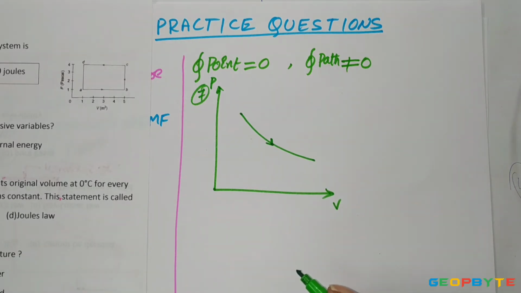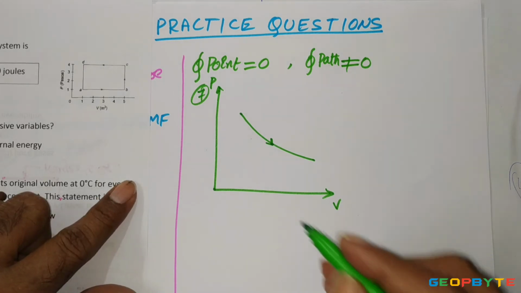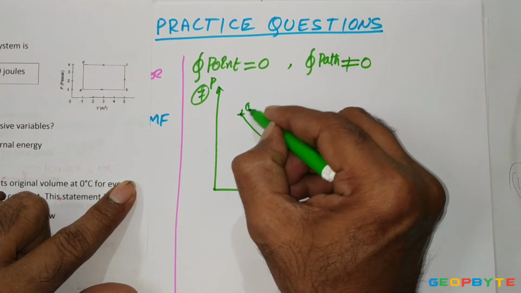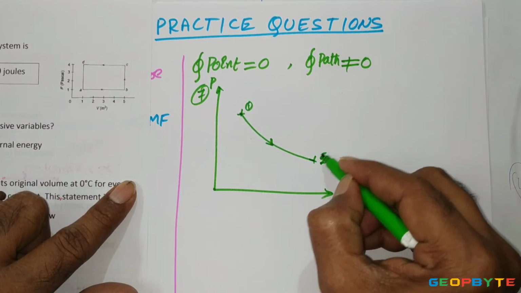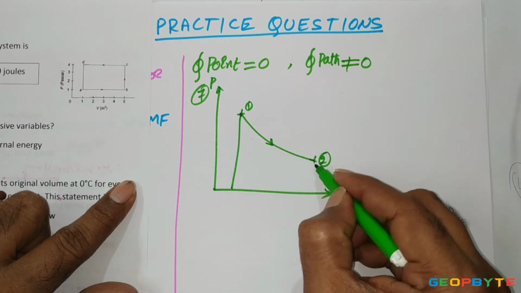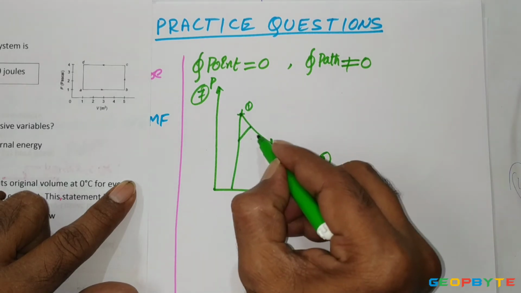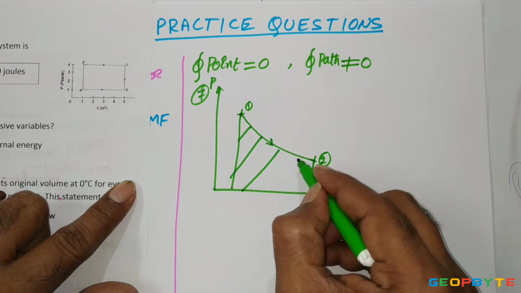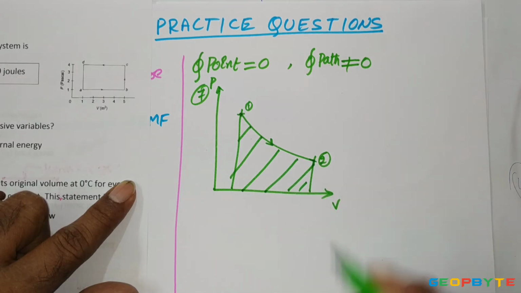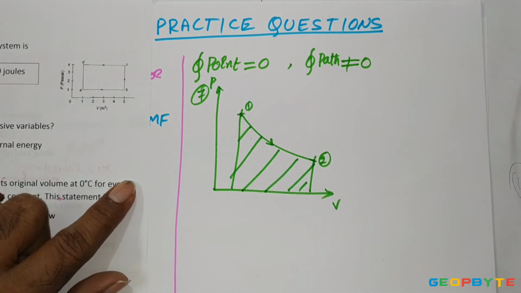if I assume that the process is connected to a closed system, the area below the PV diagram is equal to non-flow work. Area below the PV diagram equal to non-flow work.